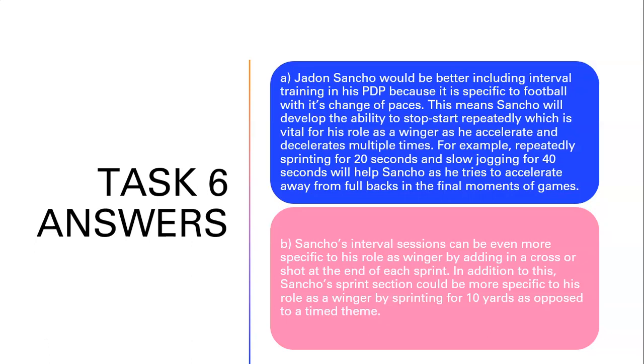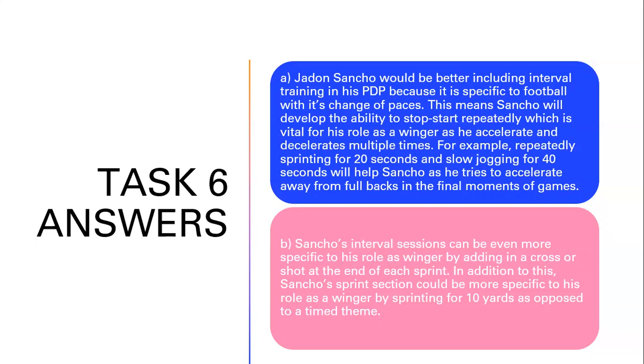So let's look at some of the answers to task 6. Question A was asking to explain what approach Sancho would be best selecting for his own development of CRE and how we can make it specific. So, Jadon Sancho would be better including interval training as PDP because it is specific to football with its changes of pace.